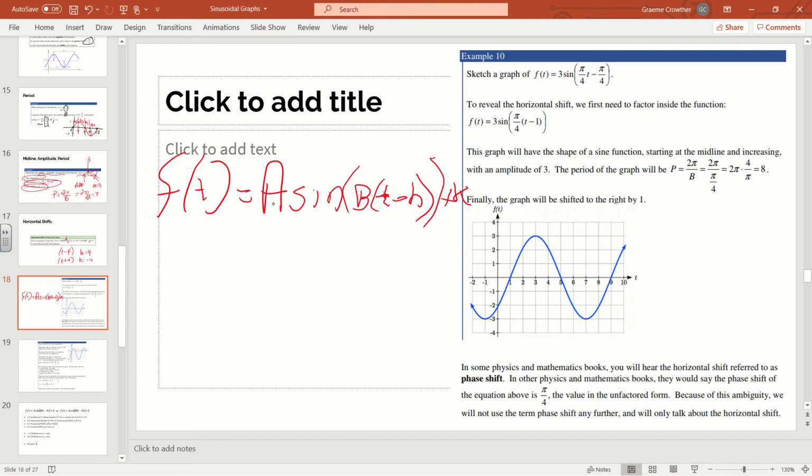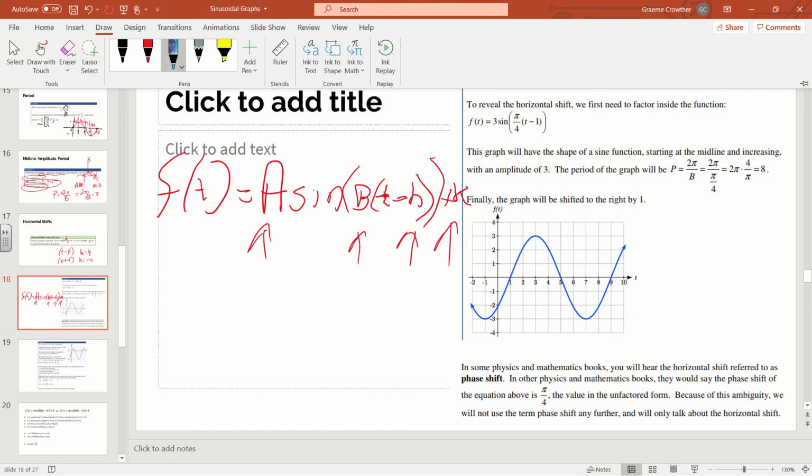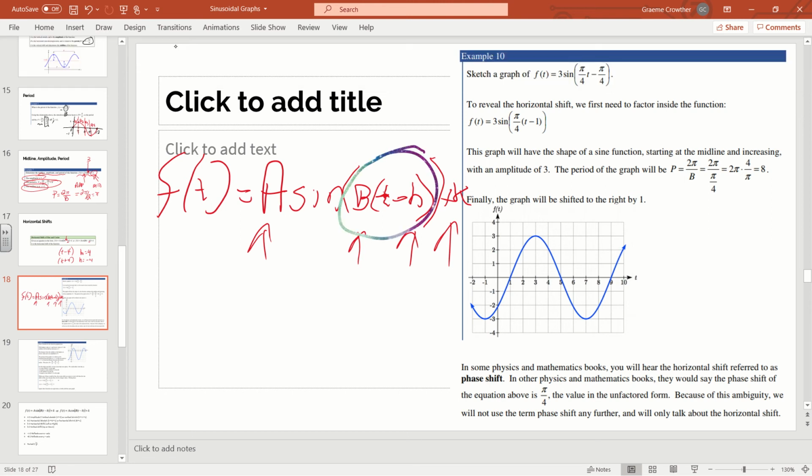So I have my amplitude, my b value, my h value, and my k value. The key part to figure out and recognize is what is here after the sine.